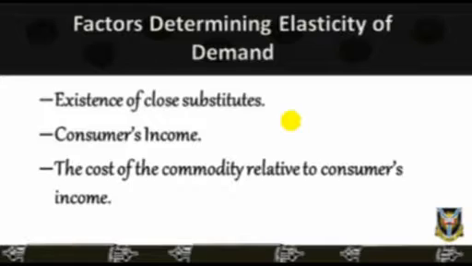The higher the income of a consumer, the more likely inelastic will be his or her demand. This is because real income will not be affected by price changes, while low-income earners have elastic demand. 3. The cost of the commodity relative to consumers' income. The demand for cheap articles is inelastic since the price is insignificant relative to income.